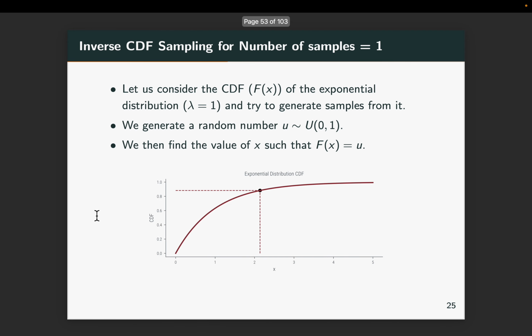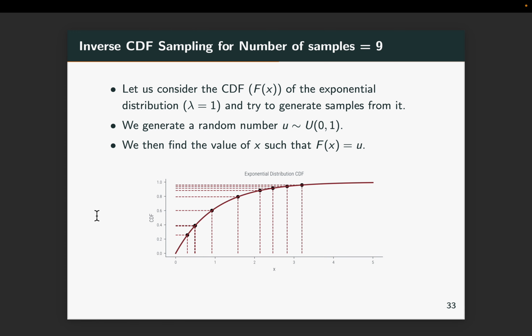We can take another value. In this case, it turns out to be 0.95 or so, and correspondingly the x is higher. We can repeat this procedure multiple times, and you'll see that the random uniform number will be between 0 and 1. So I've now generated about 9 samples from the uniform distribution.